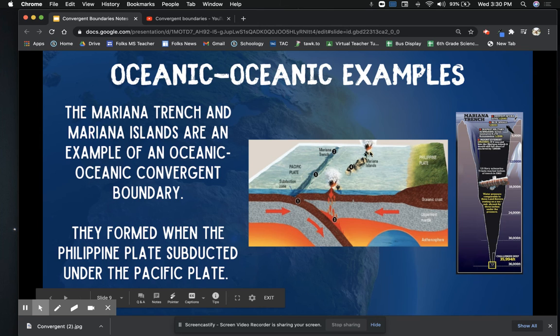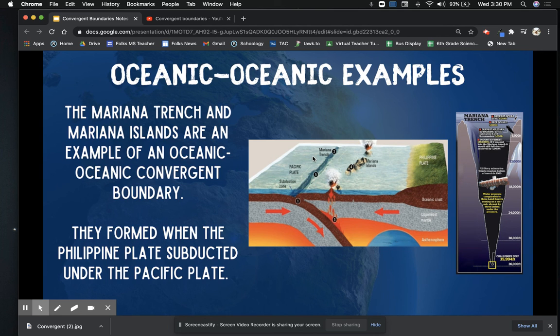So we have our Philippine Plate right here, which is oceanic, and our Pacific Plate, which is also oceanic. The Pacific Plate is older, which means it is more dense, so it went underneath the Philippine Plate. And the result was two things. We have volcanic islands, notice they are in the water, and the Mariana Trench.